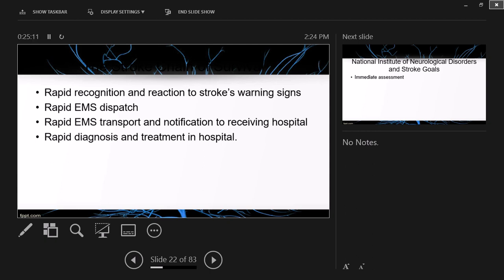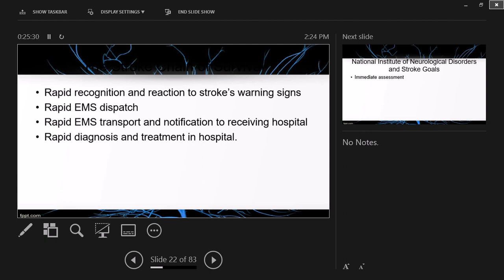Number one, rapid recognition and reaction to stroke signs and symptoms, okay? That can either come from you and I as EMS, or it can come from the public. That means we're going to have rapid notification and dispatch of EMS.